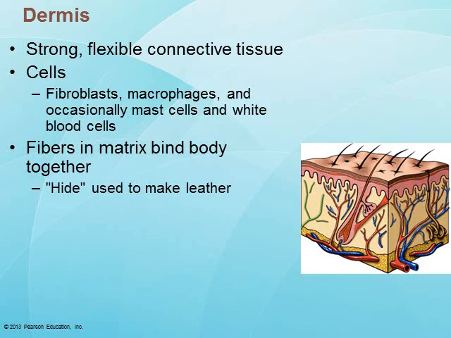The fibers in the matrix will bind our body together, binding the skin, the epidermis, dermis, and also the organs inside the skin together. Also in this connective tissue, there are macrophages and mast cells and other white blood cells.